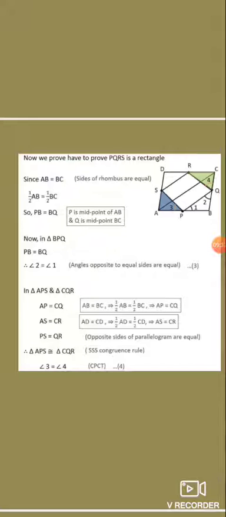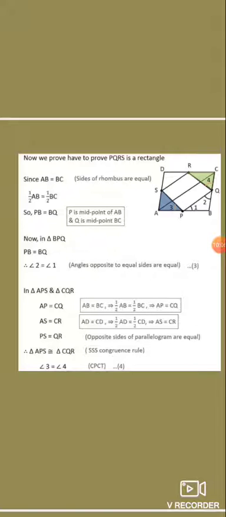Now in triangle APS and triangle CQR, first condition, AP is equal to CQ. Why? Because AB is equal to BC, which implies half of AB is equal to half of BC. So half of AB is AP and half of BC is CQ. Same, AS is equal to CR. Why?